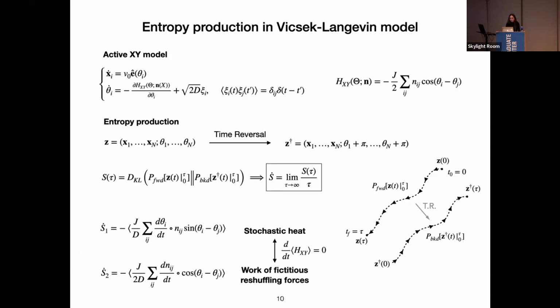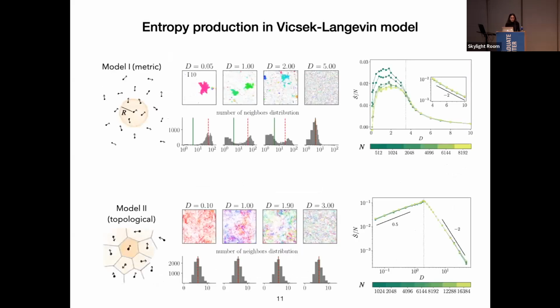And these 2 are equivalent if we are in a steady state, because they just differ by a state function, that is the average energy of the XY model. We check that we are effectively in this condition from numerical simulations. Having these expressions, we could measure them from numerical simulations.